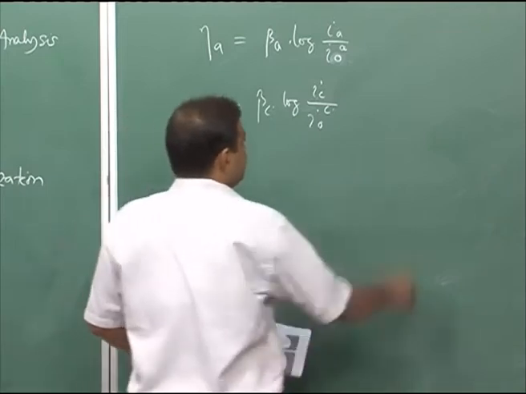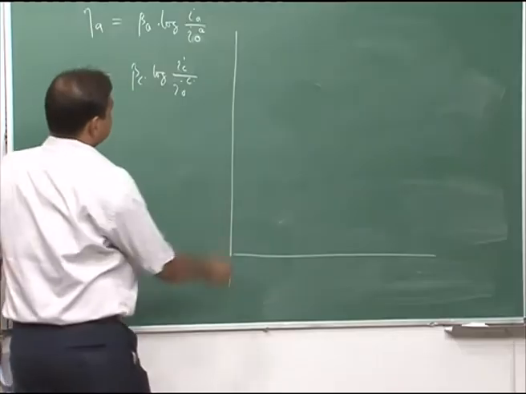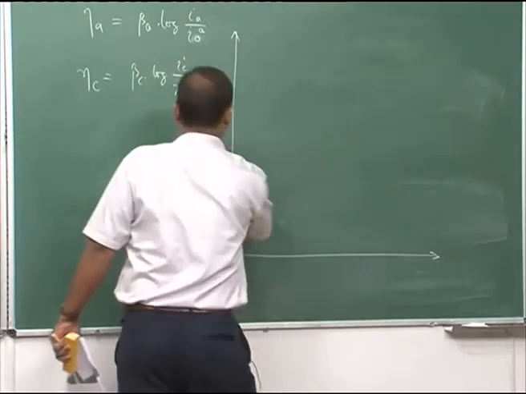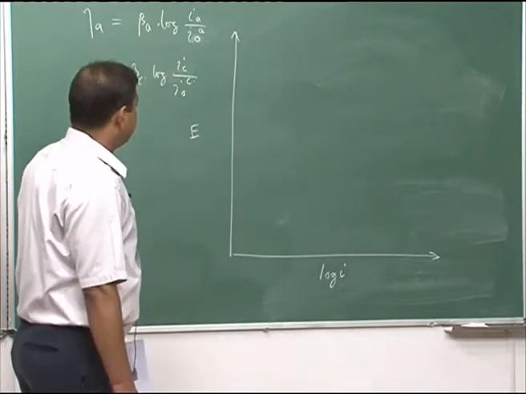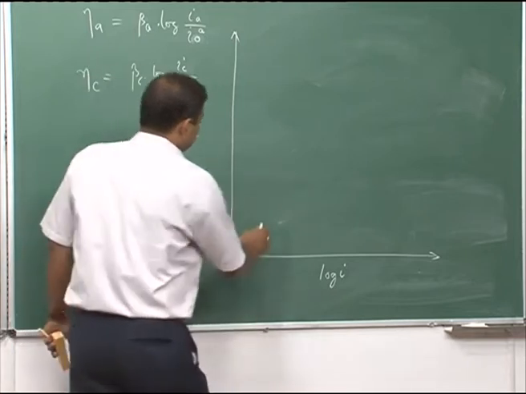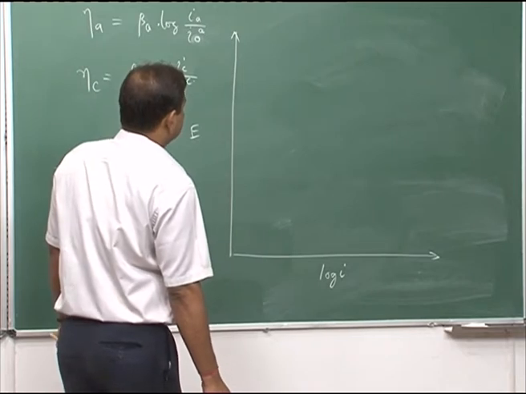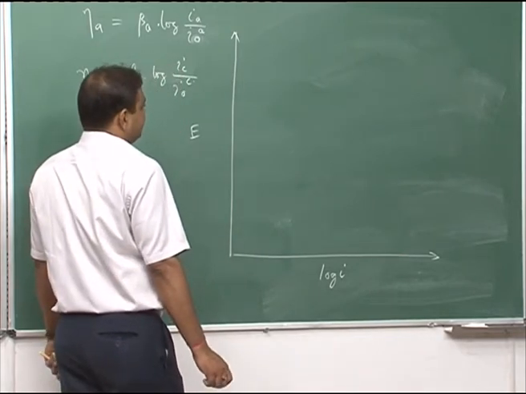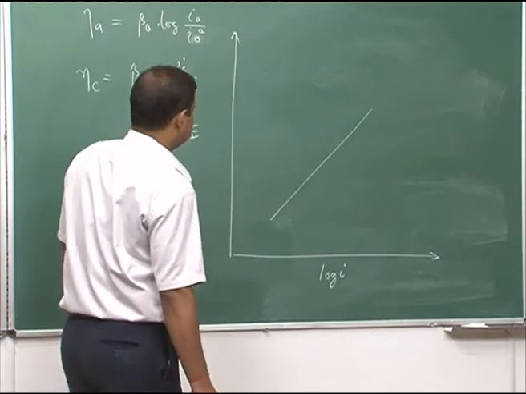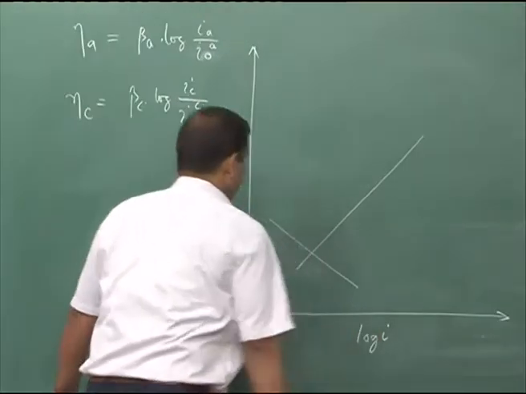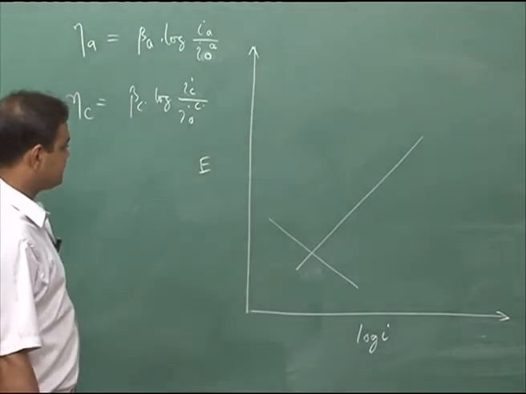Now, if we plot it, this is potential and this is log I, where I is the current density. For a particular metallic corrosion, let us say zinc in HCl, we have the zinc anodic reaction, and for zinc we can also consider the cathodic reaction for a single electrode system.